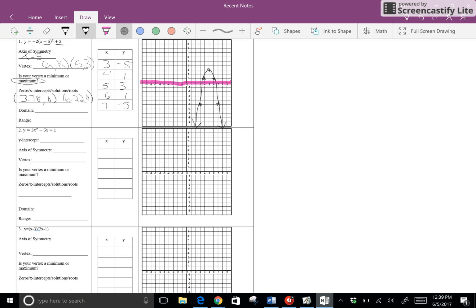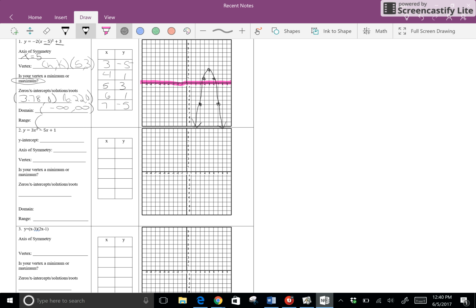Now your domain for each of these problems will be -infinity to +infinity because the graph will always be going to the left and always going to the right. Now your range, this is where it differs from problem to problem. Our parabola is facing downward, so you want to start from the bottom up.